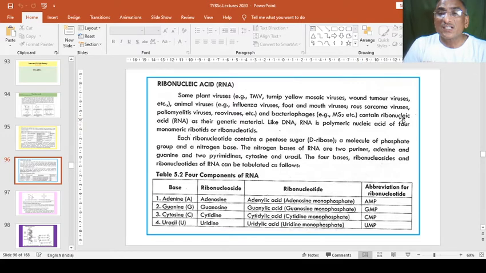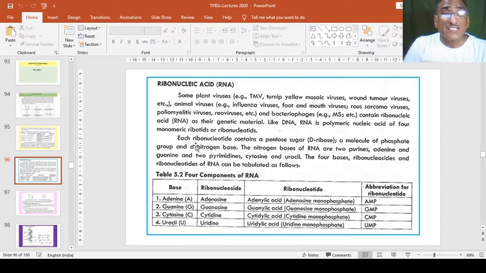So certain viruses have ribonucleic acid or RNA as their genetic material. Like DNA, RNA is a polymeric nucleic acid of four monomeric ribotides, or we can say ribonucleotides. So this is the simple structure of ribonucleic acid, and these are the examples.